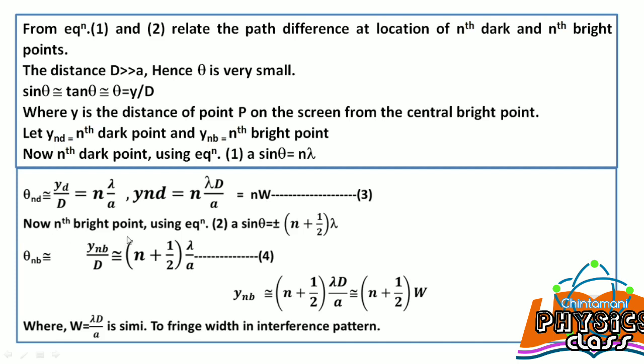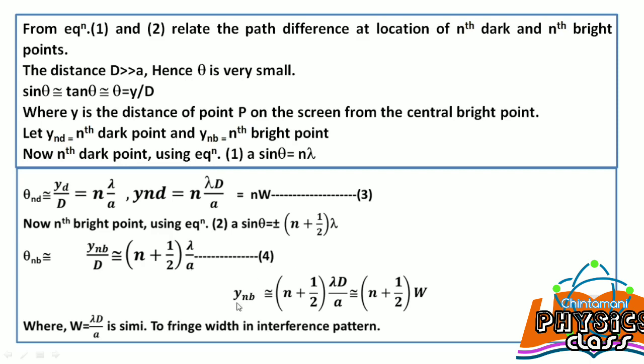For the nth bright point using equation 2, a sin theta is equal to plus or minus (n plus 1/2) lambda. So theta_nb is nearly equal to y_nb divided by capital D, which is nearly equal to (n plus 1/2) lambda divided by a. This is equation number 4.